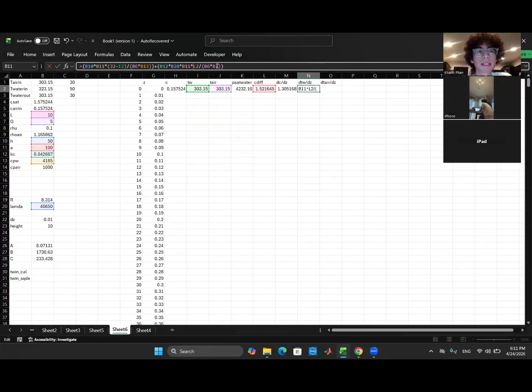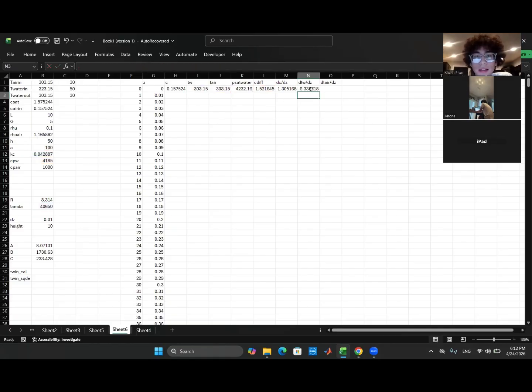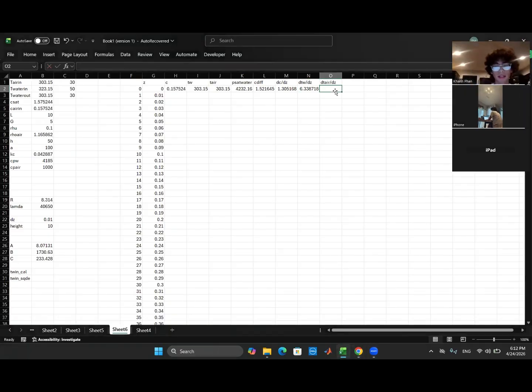Sorry guys, I made a mistake over here. So this is supposed to be B13, and then I also missed the packing as well. So it's supposed to be H times A packing times difference in the temperature, blah blah blah. So let's retry this. Right, it looks more correct now.